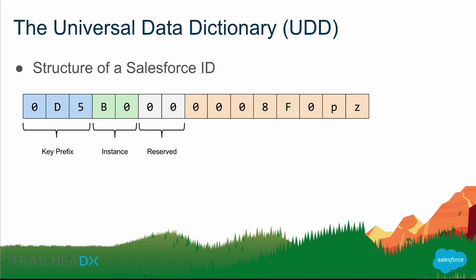Now, the next 2 characters are reserved, and it's really good that we have reserved characters. Originally there were 3 reserved characters, right? And this is a fun story. There were 3 reserved characters and only 1 character instance ID, right? Any of these slots can be filled by a letter, lowercase or uppercase, or a number, right? So that means there's 62 possible characters that can go in any one of these slots. What that meant is in the original design, we only had room for 62 instances because that was the 1 character instance ID.